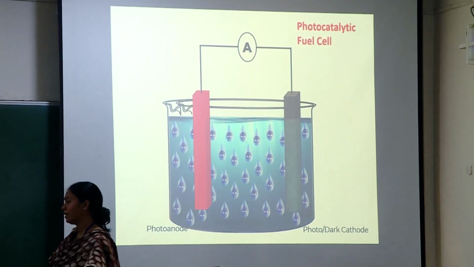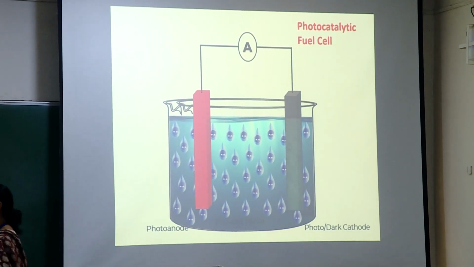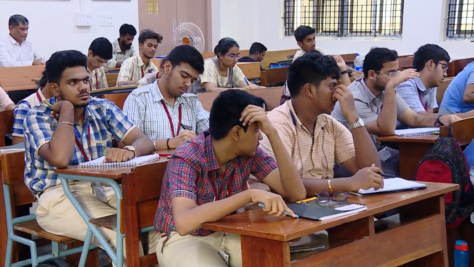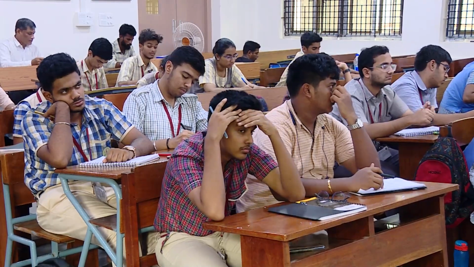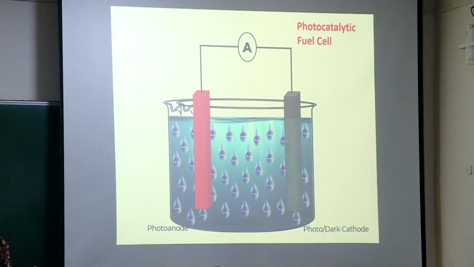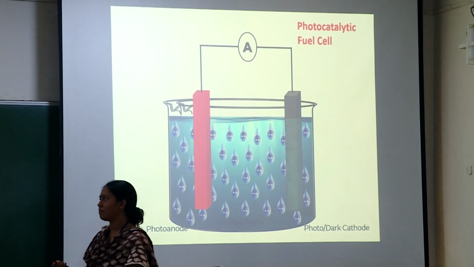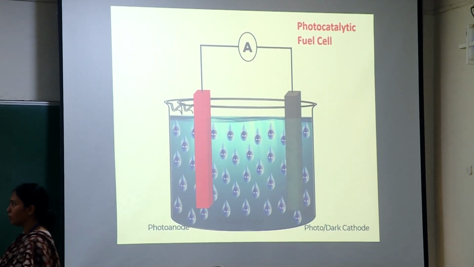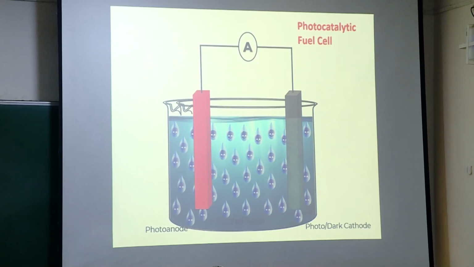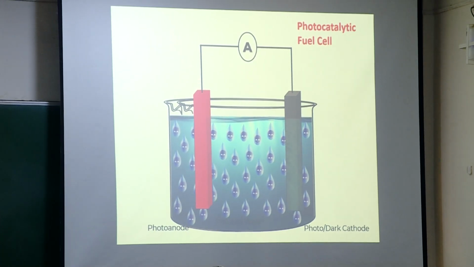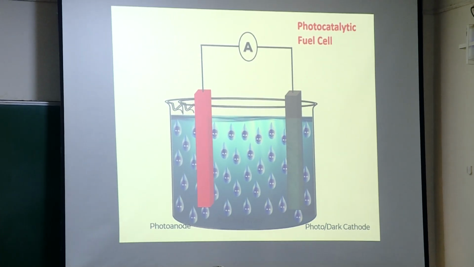The one which was reported used platinum. It is just a noble metal which is very expensive and it does not contribute to the photocatalytic mechanism which we are interested in. The only thing which was used in those days was the TiO2 based photoanode.